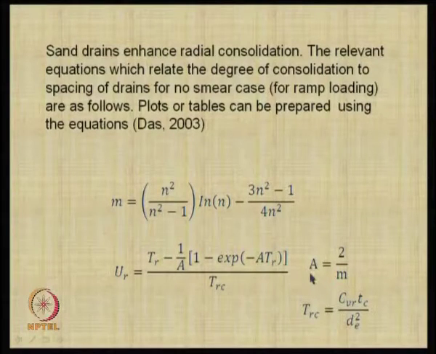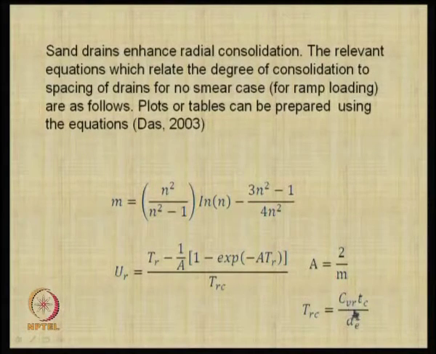You can see that this involves two terms: the term A, which is related to M, which again is related to n, and then you have TR, which is the time factor for radial consolidation.